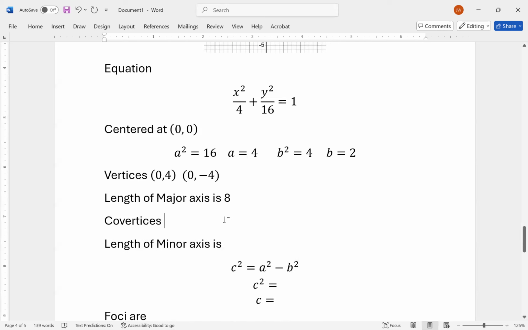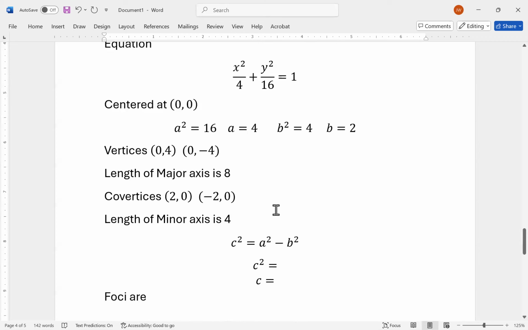The co-vertices are going to be moving left and right from the center. So our co-vertices are 2, 0, and -2, 0. Length of the minor axis is twice 2, which is 4. Double 2, you get 4.